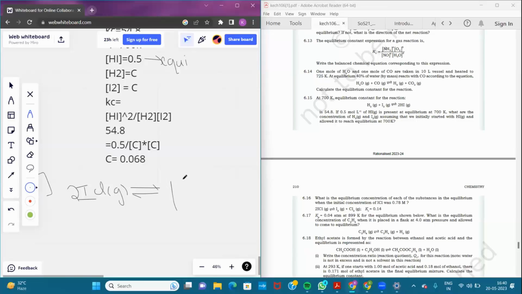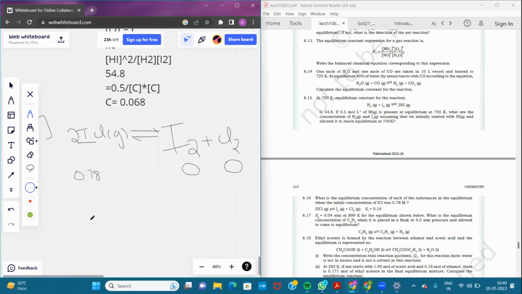I'll clearly mention at what time the concentration is. Initially, it's 0.78 as per the given question, and these two were 0 as the reaction did not occur initially.